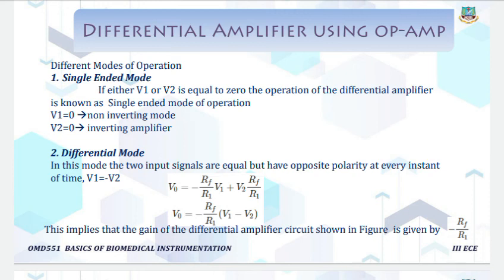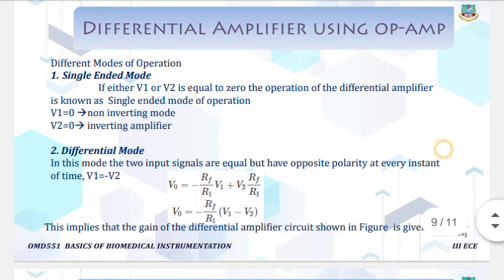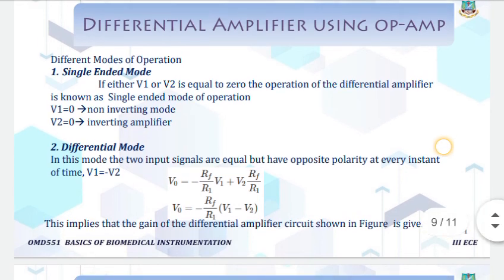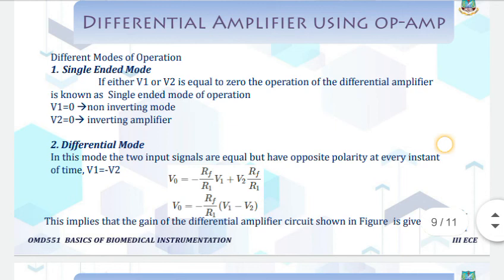If V1 is equal to 0, it acts as a non-inverting amplifier, and if V2 is equal to 0, we can say it is an inverting amplifier. This is called single-ended mode. That is, one terminal goes to 0 and we are using only one terminal. So it is called single-ended mode.